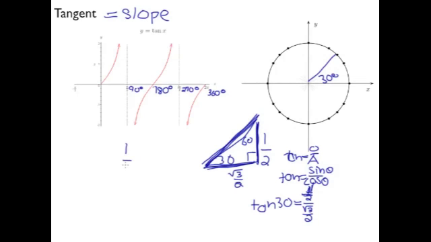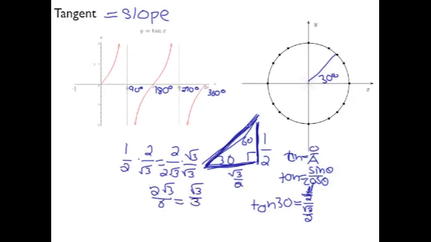So 1/2 divided by square root 3 over 2 would be times 2 over square root 3, which would equal 2 over 2 square root 3. But we can't have this on the bottom, so we need to multiply both top and bottom by square root 3. So 2 square root 3 over 6 would equal square root 3 over 3. So that would be the tangent value at 30 degrees, the slope.